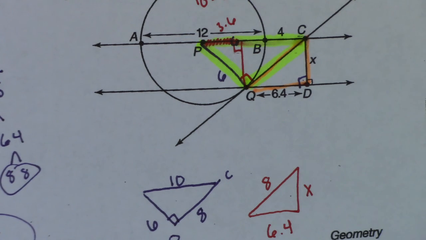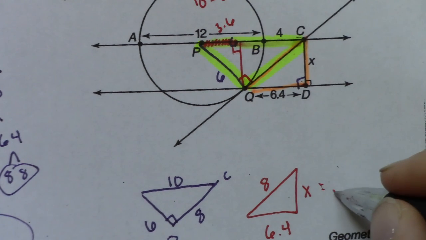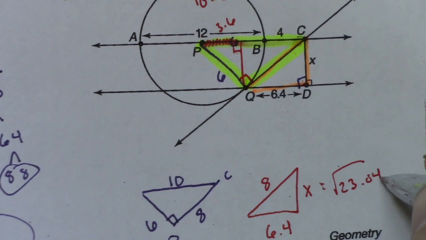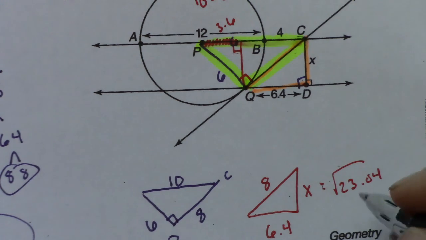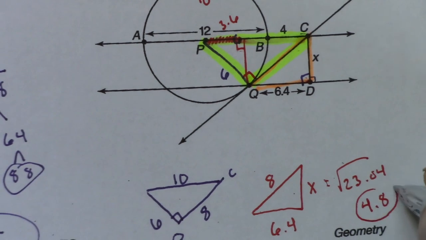Settings, calculator, and I've got 64 minus 6.4 squared, and then that gives me x is equal to the square root of 23.04. So when I take the square root of that, I get a final answer of 4.8.